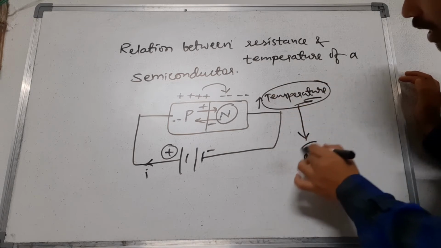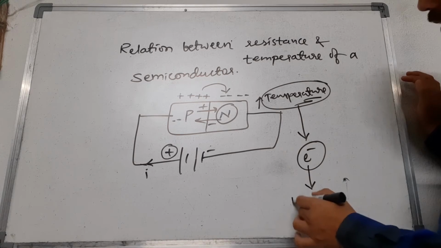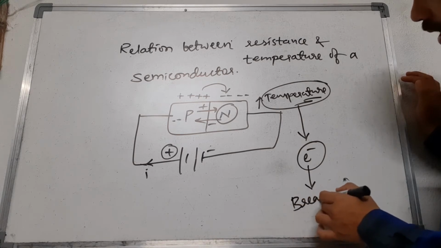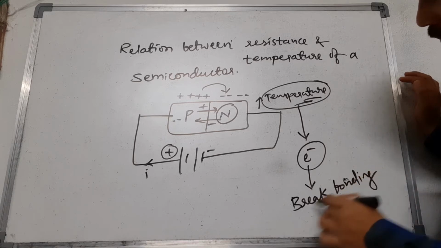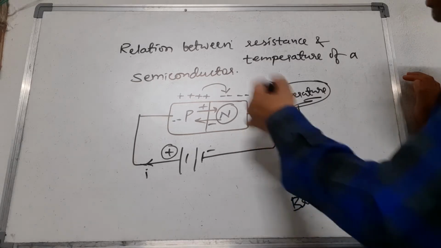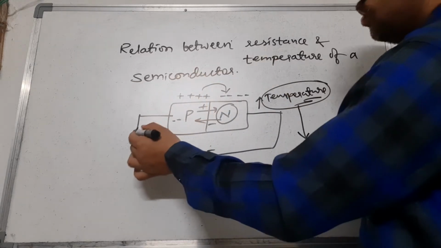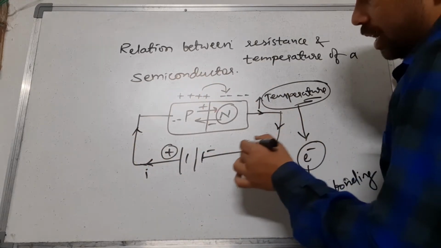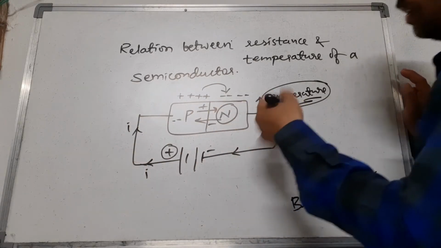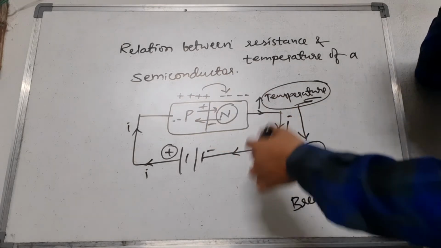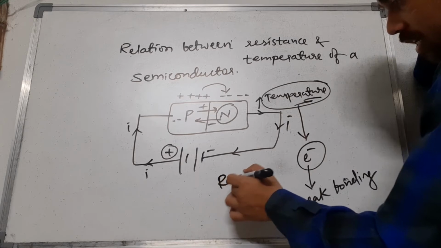They will break the bonding atoms, excess charges are produced, and more current flows through the circuit. The flow of current increases, and the resistance decreases.